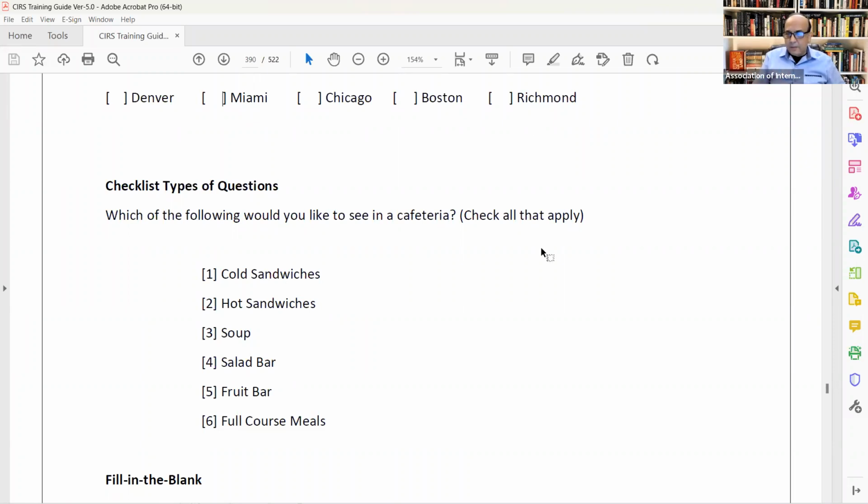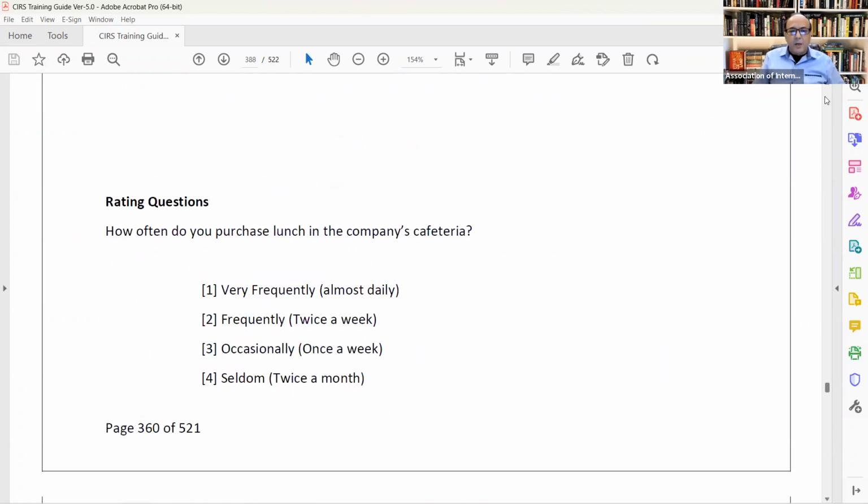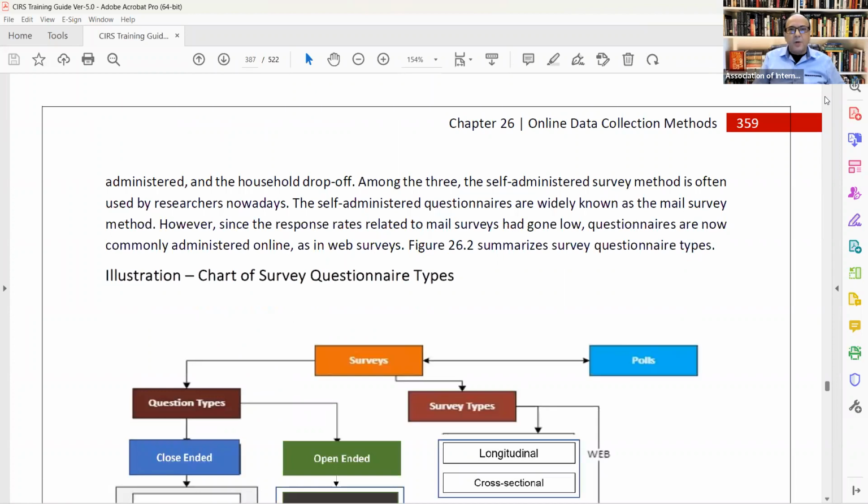Okay. That's some of the types of questions that are there in the survey. And there are techniques for how you're going to phrase the questions, certain methods of asking questions in interviews.